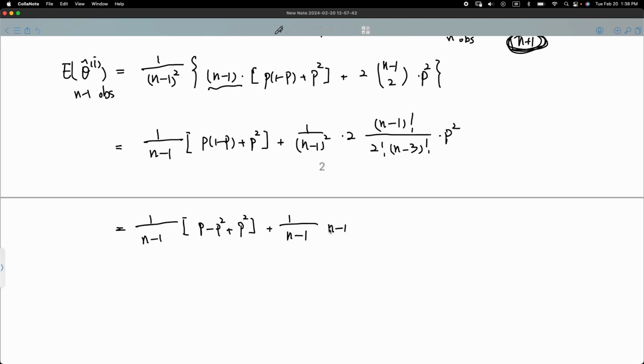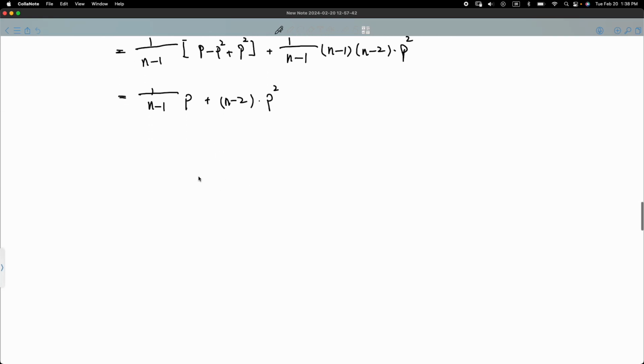So we have one copy of n minus 1 and then another copy of n minus 2 from the numerator multiplied by p squared. The n minus 1 also cancels out, so it simplifies to 1 over n minus 1 times p, plus n minus 2 times p squared. So that is the expected value for theta hat superscript i.